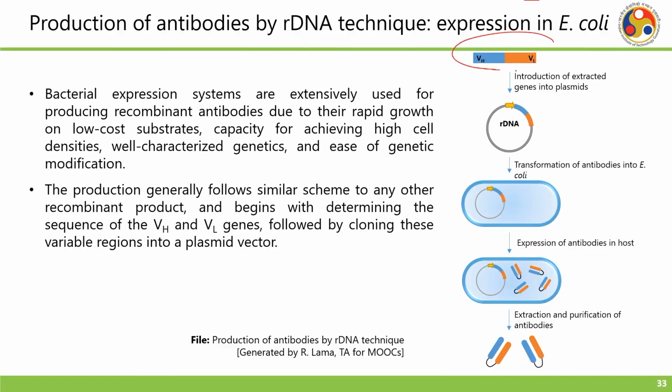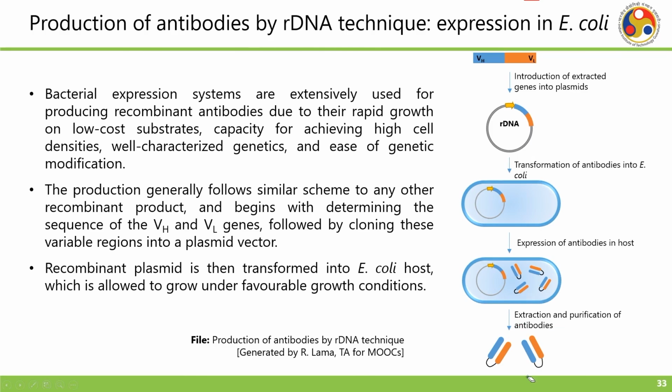So, we have this variable heavy and variable light, and these are introduced into plasmid, and transformed into E. coli. Then these are expressed, followed by extraction and purification of the antibodies.